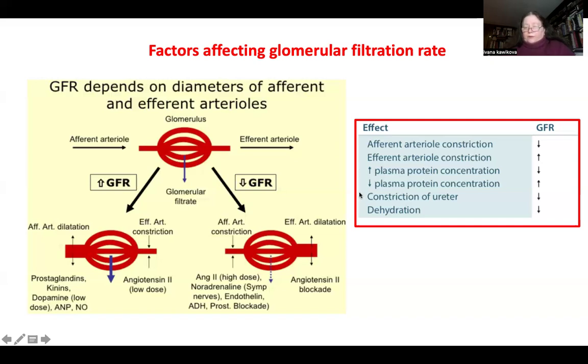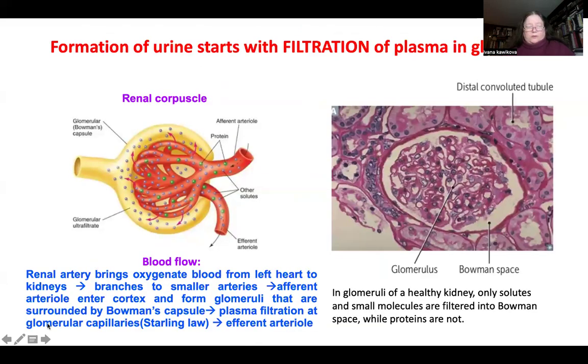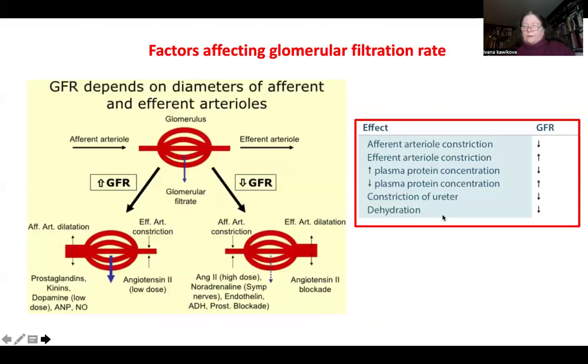Also, we have two conditions with regard to the proteins. If we have more plasma protein concentration, meaning that the oncotic pressure will be enhanced, then the net filtration pressure will be reduced. And you see it here, right?